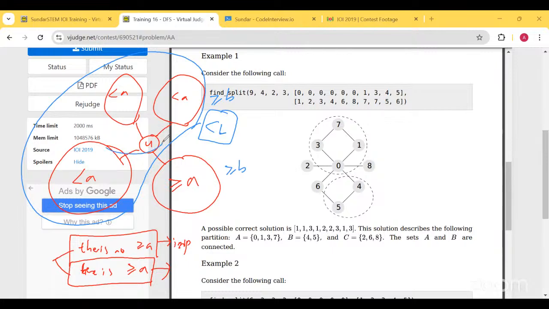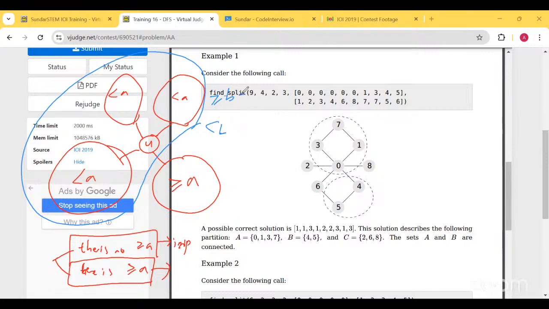Wait, but what if this is not? But what if this is less than a? Is it possible? Wait, so there are two cases: when the combined component is greater than or equal to p or less than p.